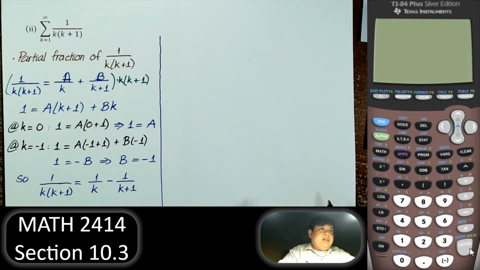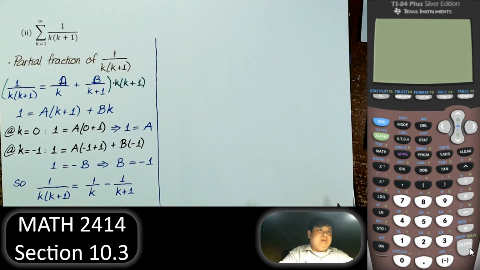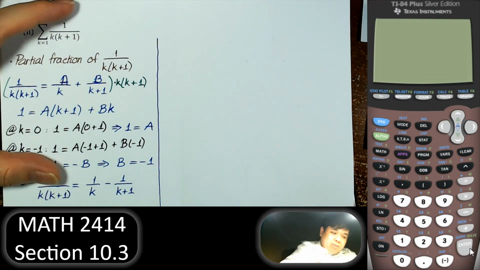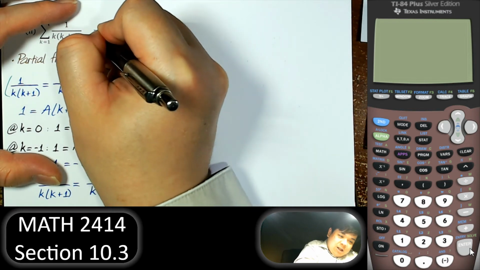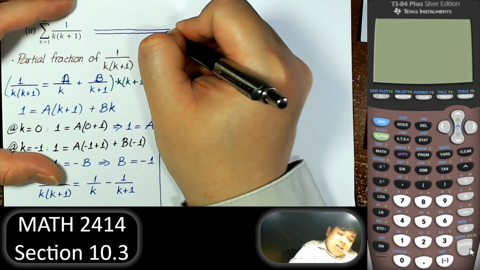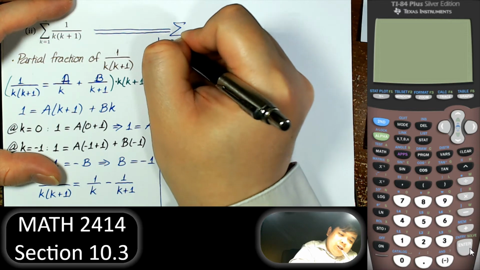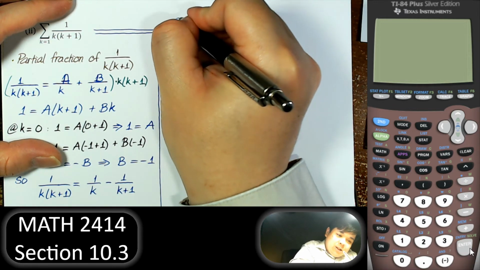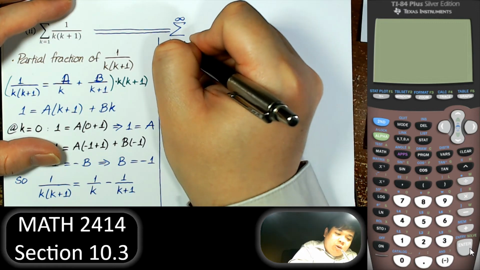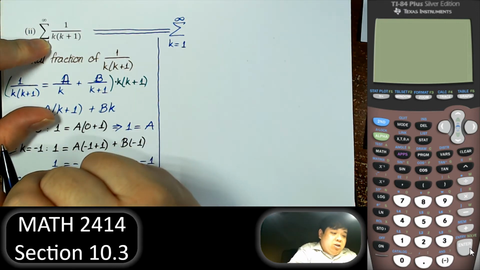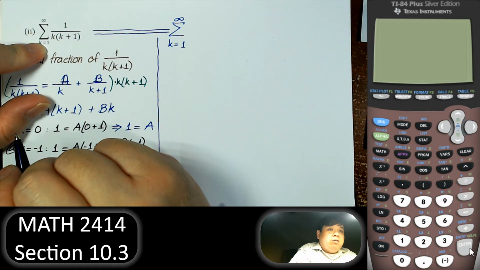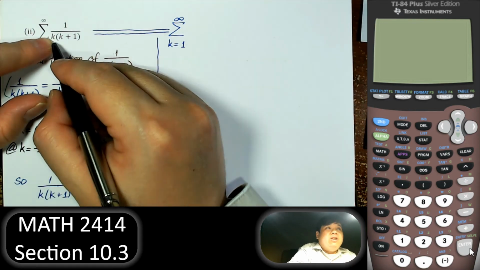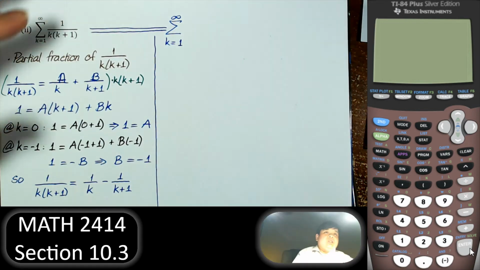Right. Yeah, I need more space, so there's more than half of the page here, which is fine. Right, so we have that series can be split in two. By the way, it starts from 1 here, because if it starts from 0, it will be undefined. Right? Cannot divide by 0. So that's why it makes sense we start from 1.